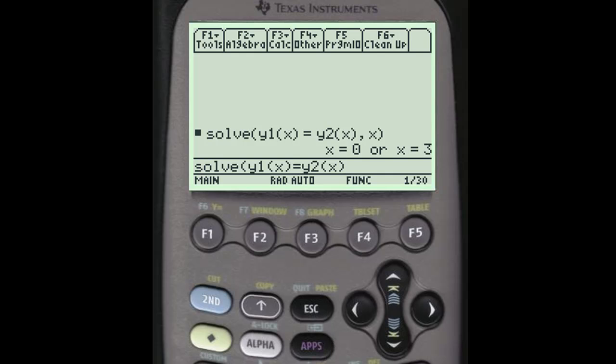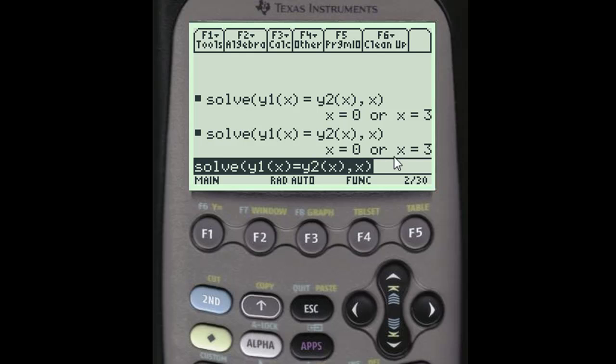So for solve, the next thing we need is comma, the variable, in this case x, close parenthesis, and hit enter. And it gives us all the places where these two functions intersect. In this case, they intersect at x = 0 and 3. So that's pretty handy, especially when you have more complex functions that may intersect in 3, 4, 5 places. The 89 will give you all of them quite handily.